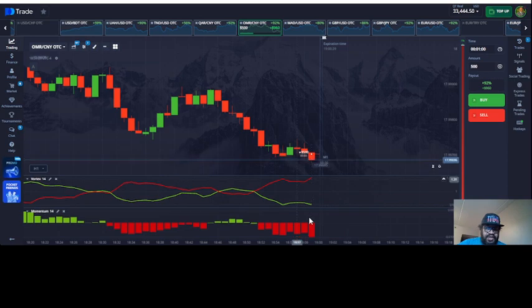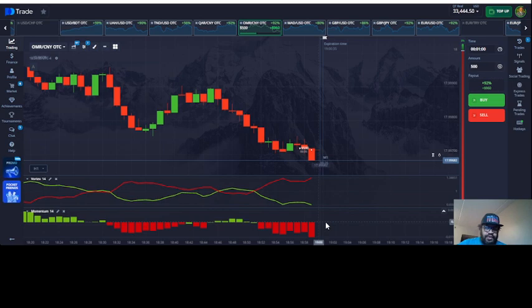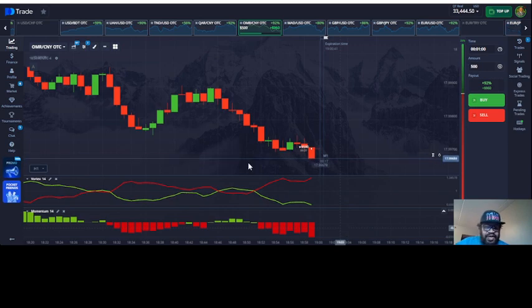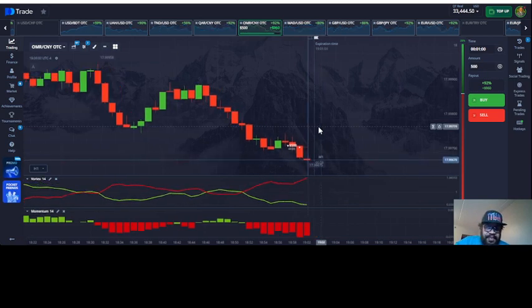A growing separation of the lines here. And then if you look at the momentum indicator, the histogram bars are not only printing below the zero line, but also generally growing in length here. So all three of these confluences suggest a continued bearish push to the downside in the price of the currency pair.